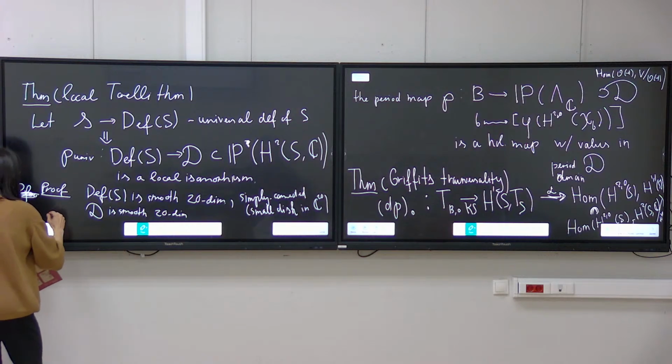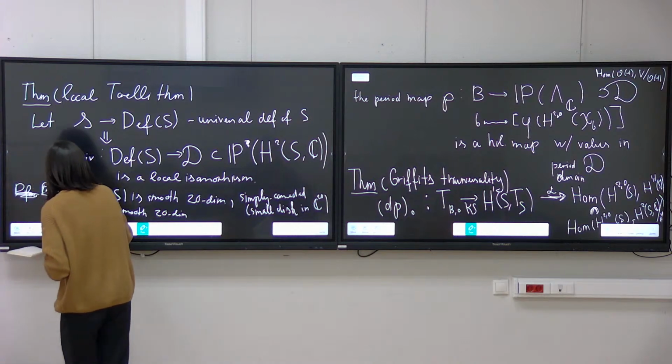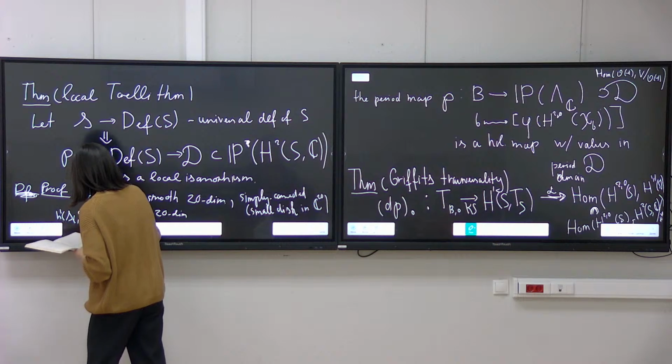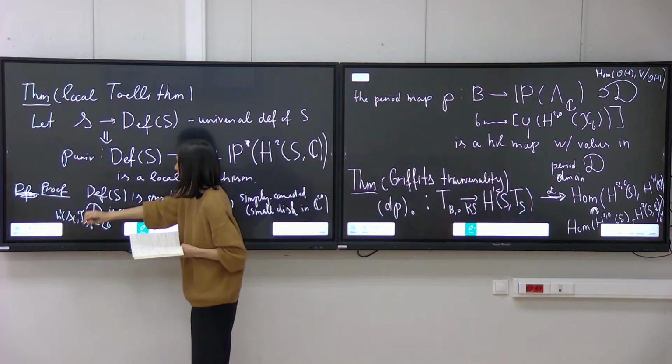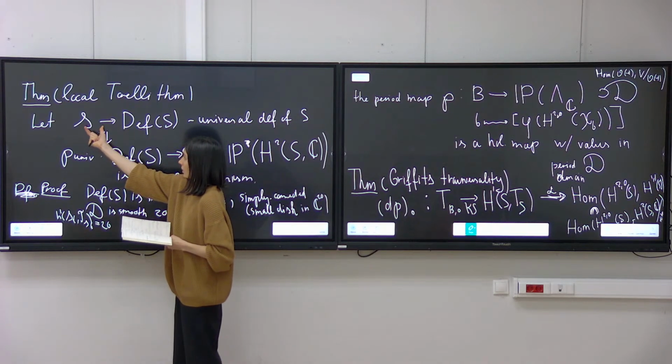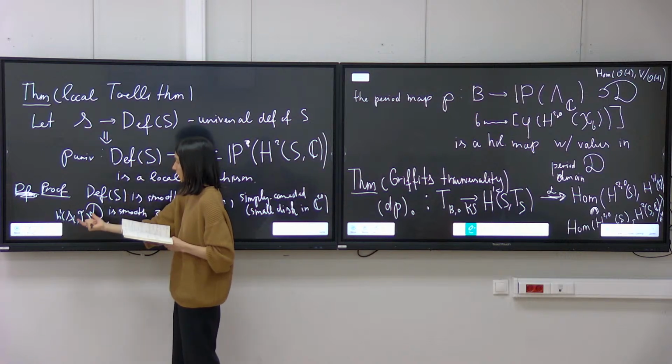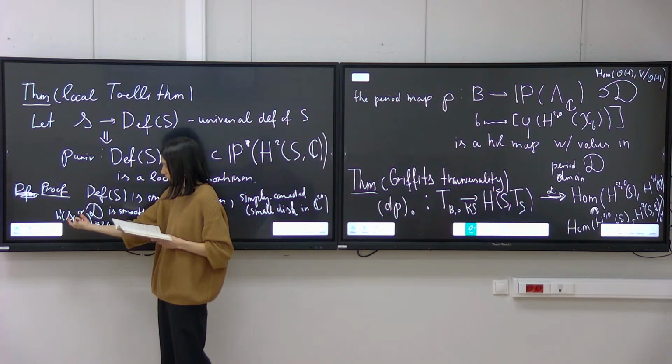and what do we know? We know that the dimension of first cohomologies is 20, yes? Because we have discussed that if we deform a K3 surface, we obtain a K3 surface, so this dimension is constant.